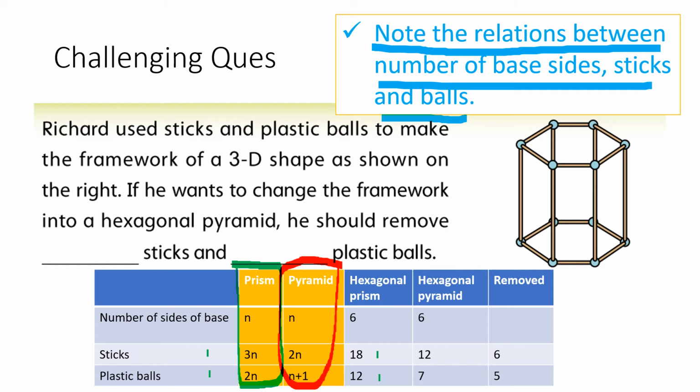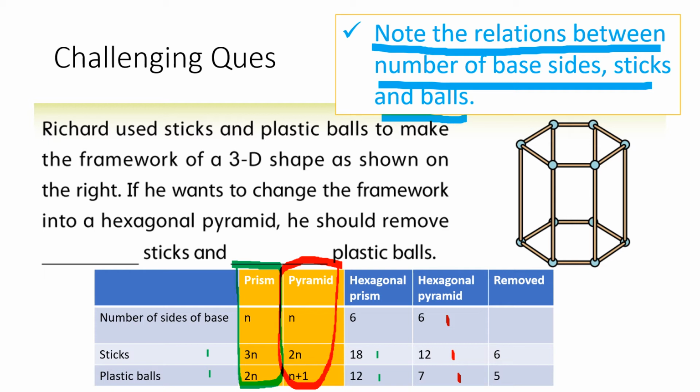So the number of sides of the base is 6, and for the sticks, it is 2n, so 2 times 6, it is 12. And for the plastic balls, it is n plus 1, so that means 6 plus 1, so there are 7 plastic balls in a hexagonal pyramid.